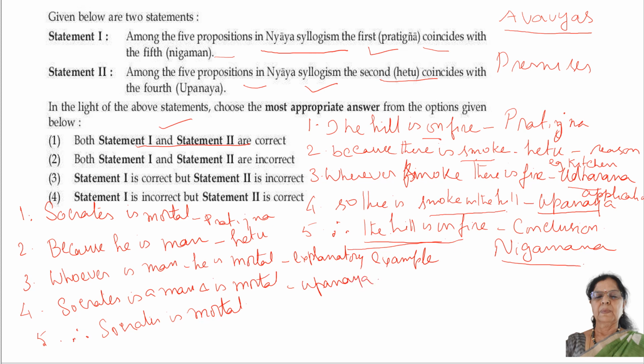Where are you applying this example? To Socrates. All men are mortal. Socrates is a man. So this is the application, the upanaya. And the final one is nigamana, or the conclusion. What do you conclude? Socrates is mortal. So this is how you should do. So both the statements are correct. I hope you understand it.